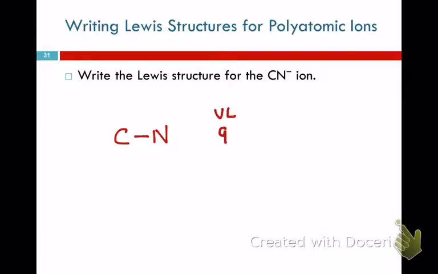But it's CN minus, so I'm going to add 1 to it. So that's the total number of valence electrons I'll be dealing with. They just happen to have stolen a valence electron from some poor metal ion somewhere.